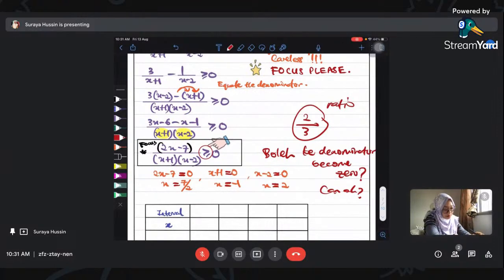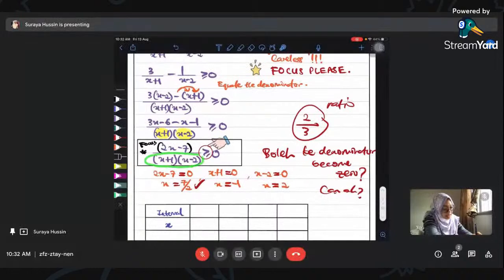Jadi this 2x minus 7 memang equal to 0 sebab dia belah atas. So dia belah atas means you boleh lah apply the equal to 0. Means this is literally equal to 0. Tetapi bahagian bawah ada dua nombor x.